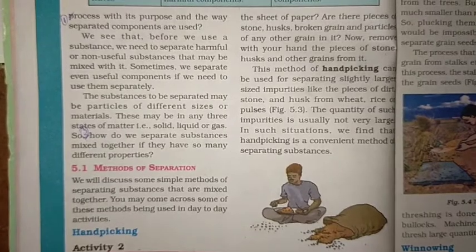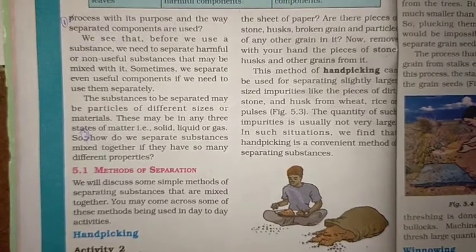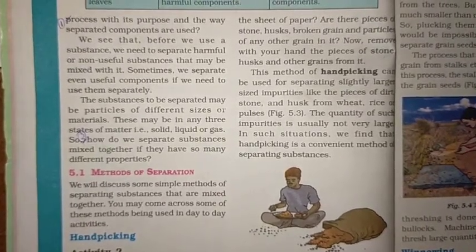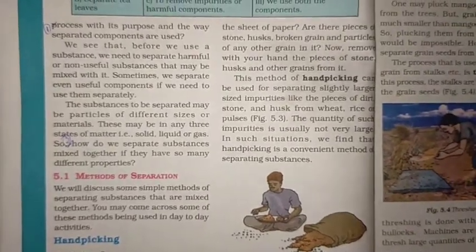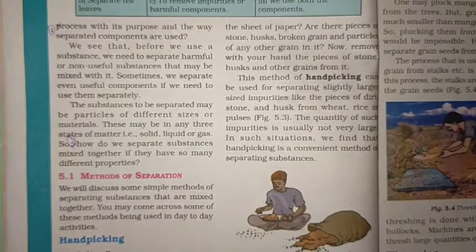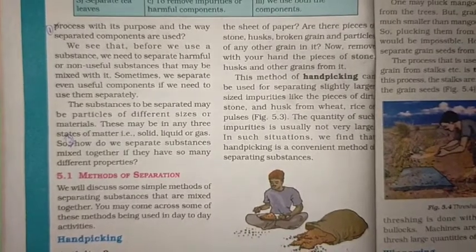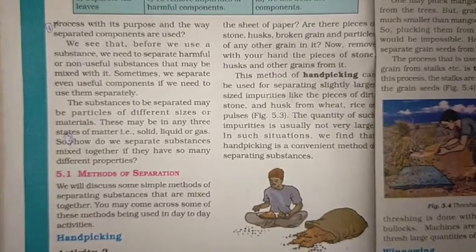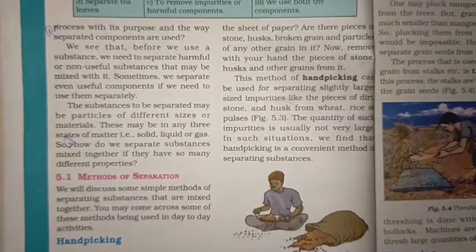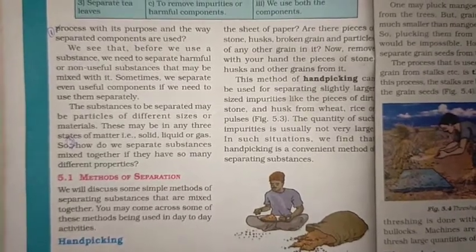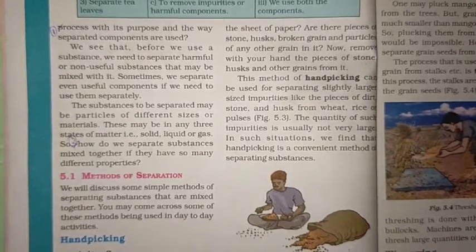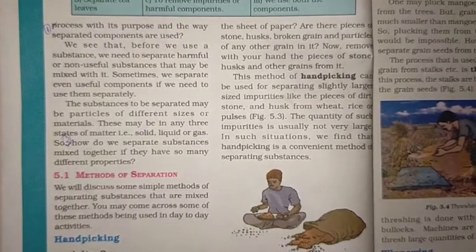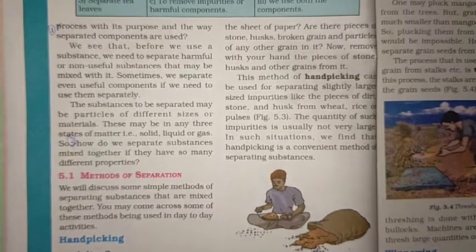What are they? Some are solid, liquid and gases. Solid things we easily separate by the process of hand picking. Some liquid materials we easily separate by filtration, and gases by winnowing. Three states of matter: solid, liquid and gas.